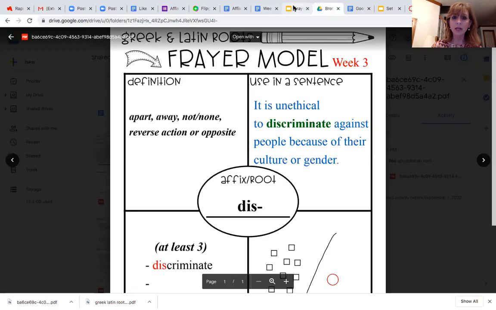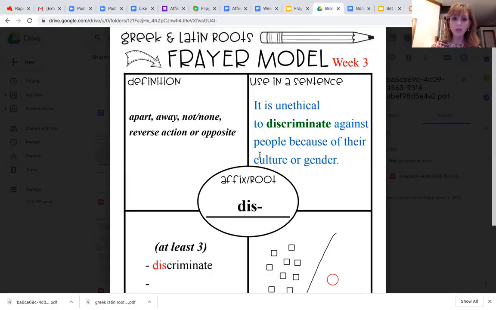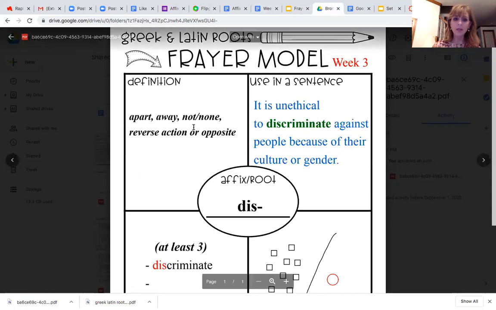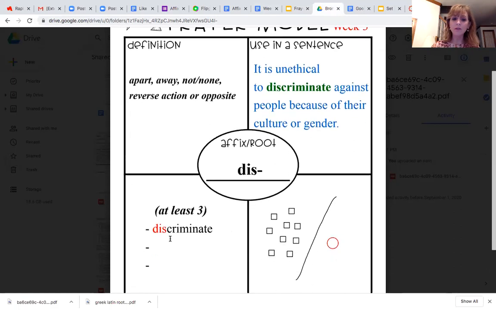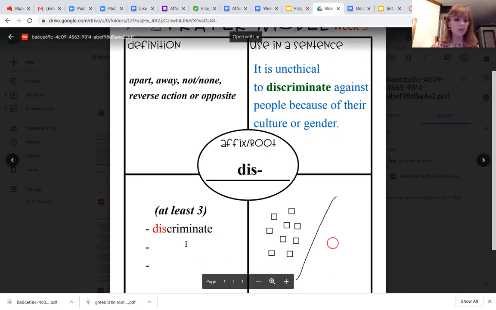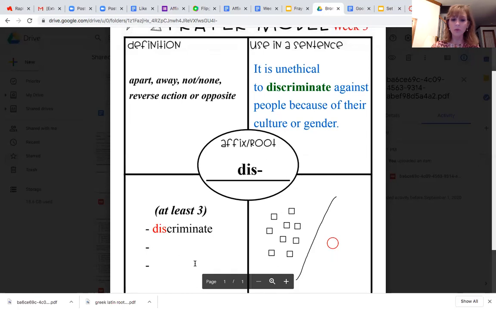So I have my little Frayer model that I just use to show you an example. So in this case, dis. Here's my definition: apart, away, not, none, reverse, action, or opposite. I have discriminate, and I need to put 2 more. I would have maybe dislike and dishonest, or disobedient, or whatever my 3 would be.